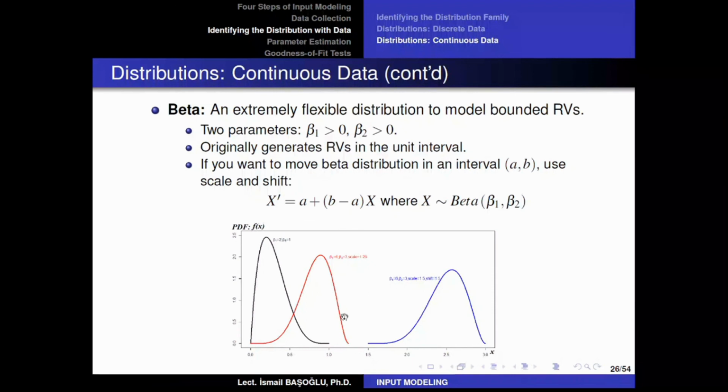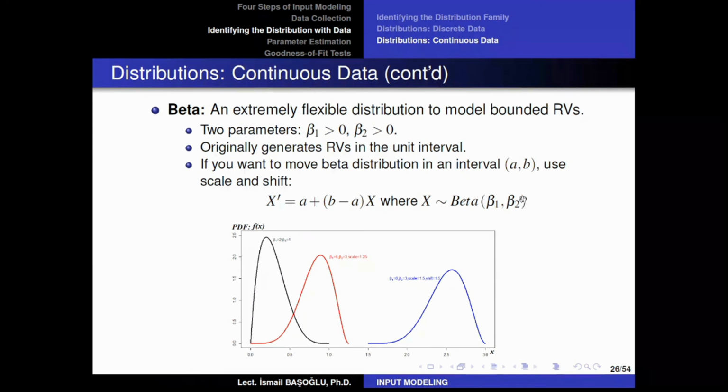In the red case here, we have beta distribution again, with beta 1 being equal to 6 and beta 2 being equal to 3. And here, there is only a scale factor, which is b minus a is 1.25 and a is 0. So you can basically move the beta distribution from one location to another. So b minus a becomes the scale value, and a is going to be the shift value, and we have beta 1 and beta 2 as well.